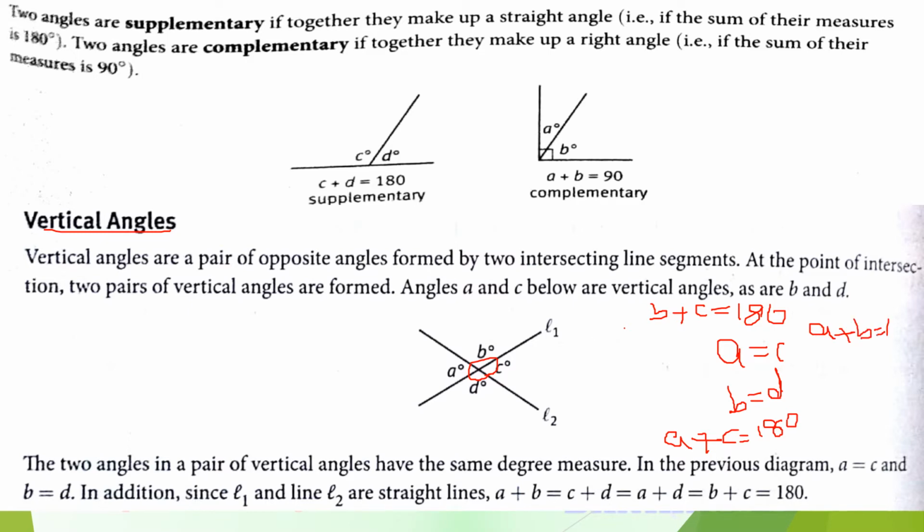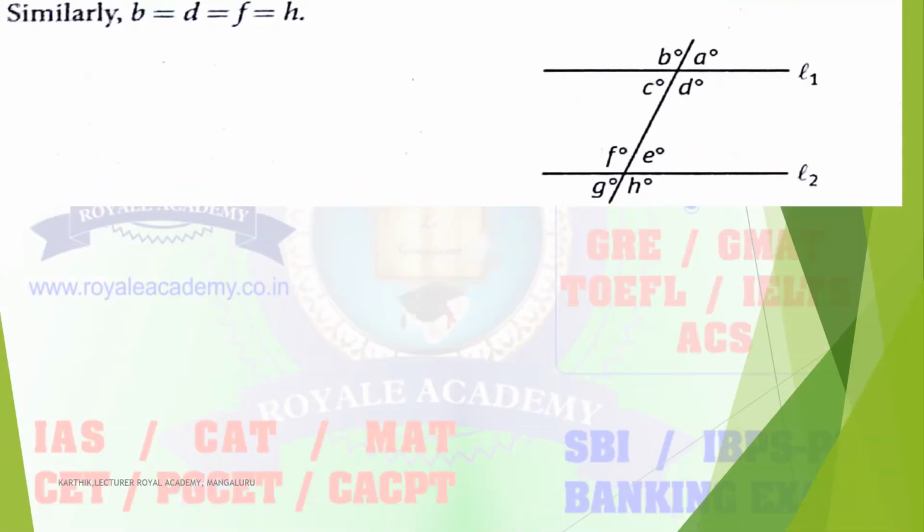You just see the sketch, then you can tell whether it is correct or wrong. Based on this, you can tell that angle A is equal to angle C, and angle B is equal to angle D. I hope all of you understood. We'll see the next one.